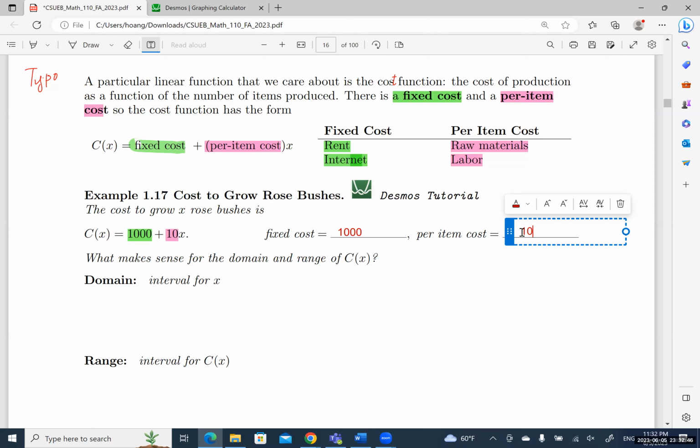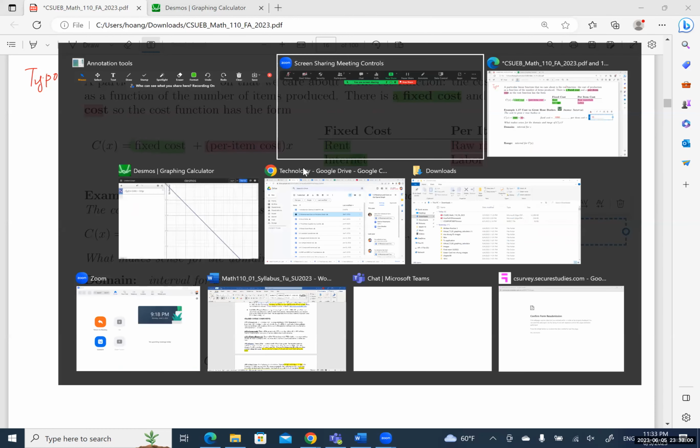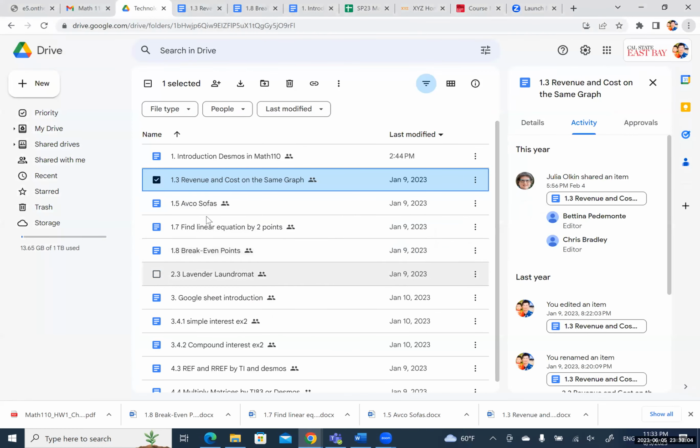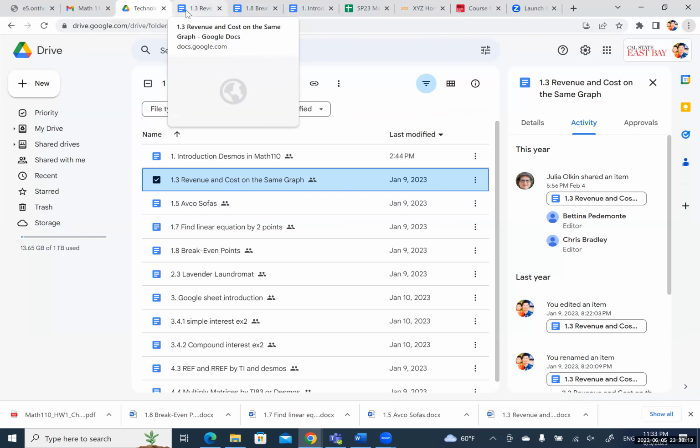So now let's go ahead and use Desmos to work on this column. I also have a Desmos tool for this column, so let me open that.